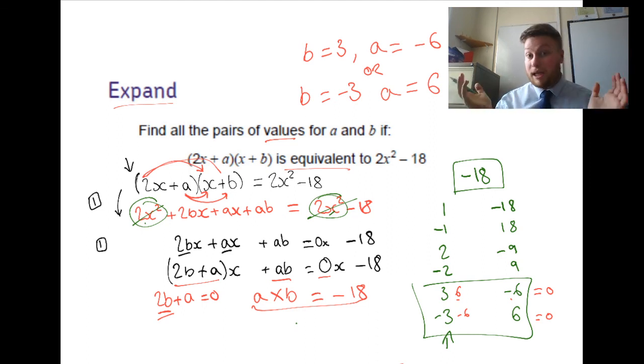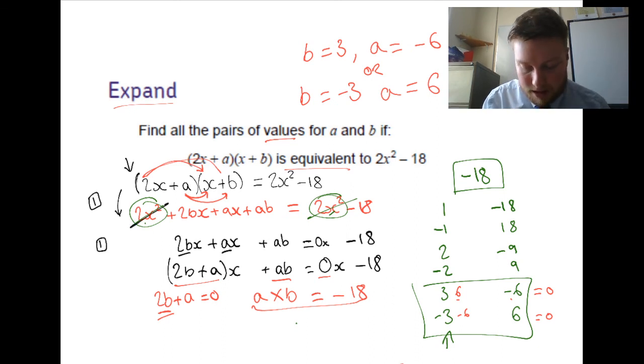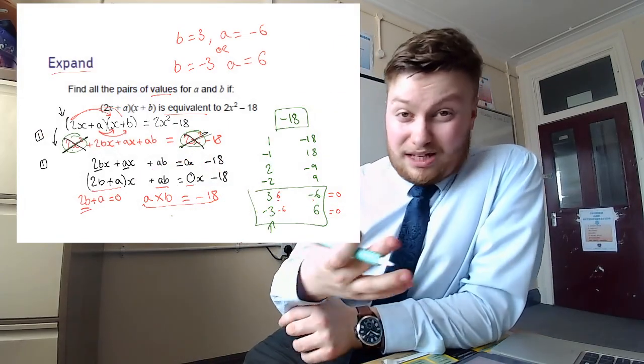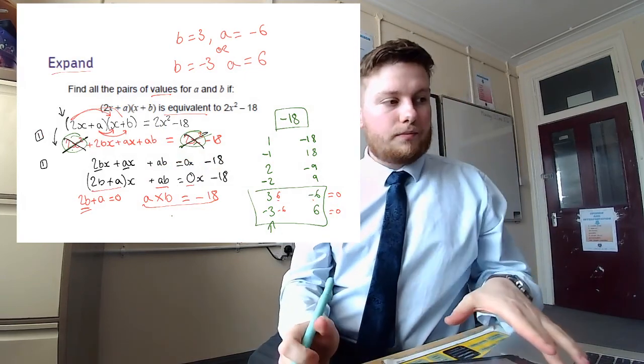Once we've done that, we're going to cancel things out. We cancelled out those 2x squareds. Once we did that, the next step, this is the tricky step, is comparing coefficients. Comparing coefficients is quite a new thing. I don't think you would have done it before.